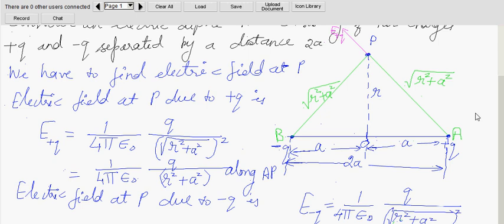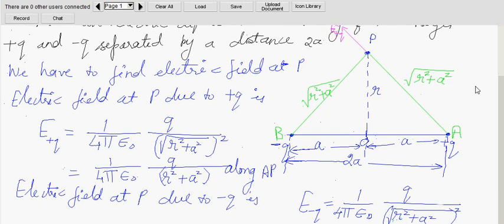The magnitude is the same as E plus q, but only the direction will change.